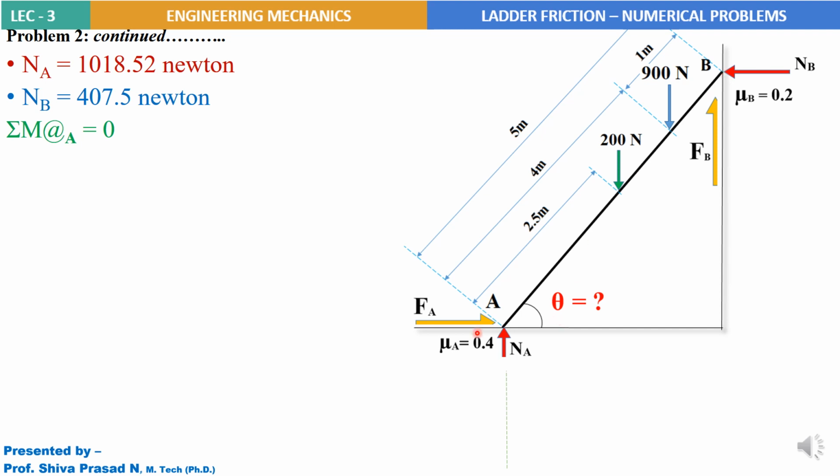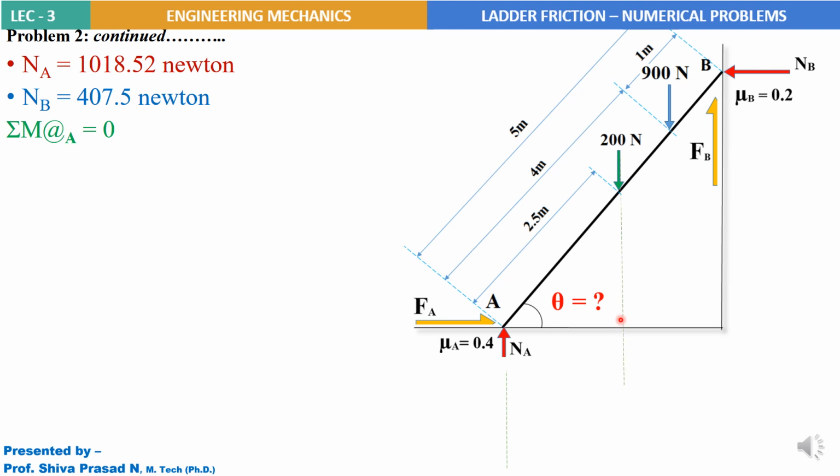Okay, it's your wish, but I will consider the moments about point A. So I'm choosing the moment center to be point A. So first step is to find all the perpendicular distances between the moment center and the line of action of all the forces. So that I will do now.